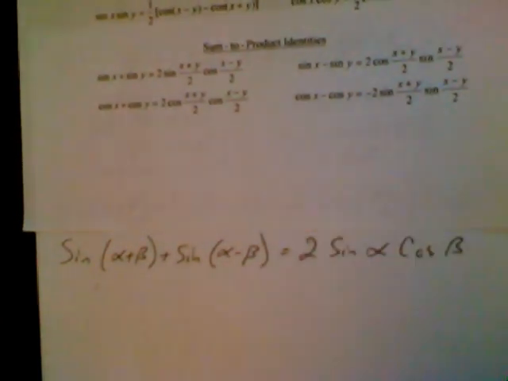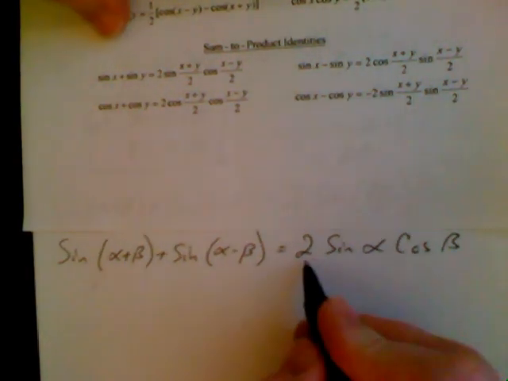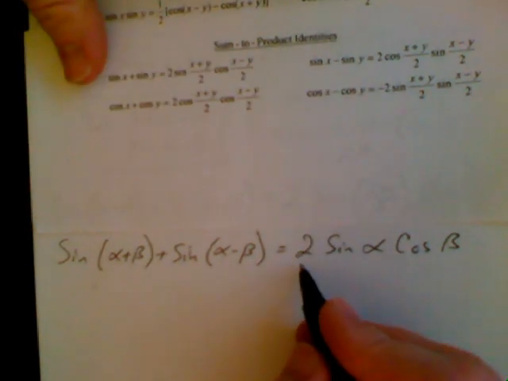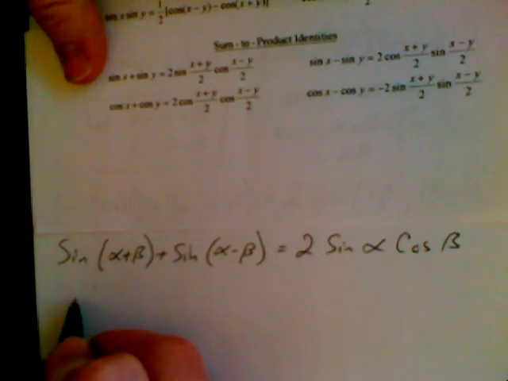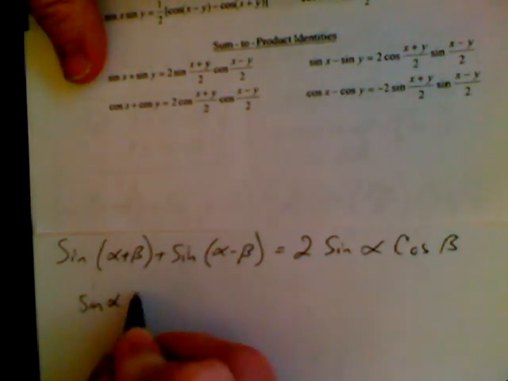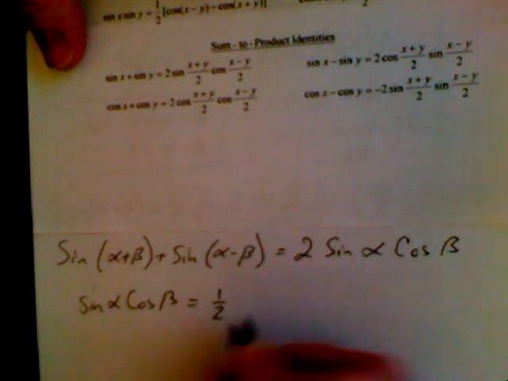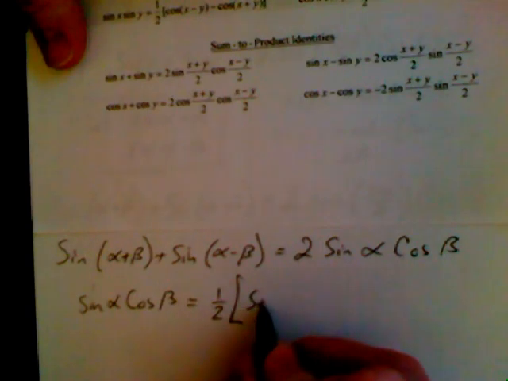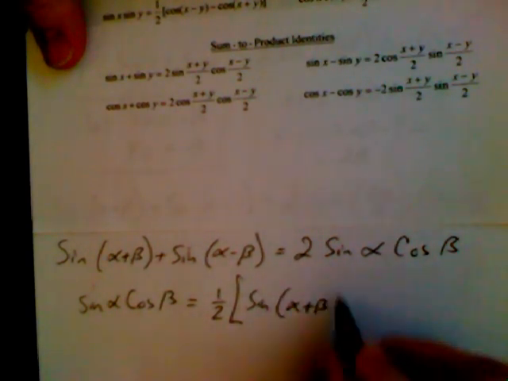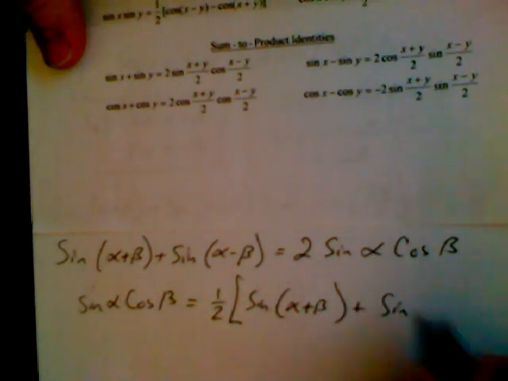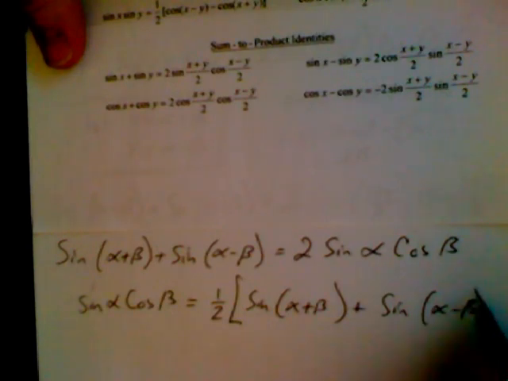If I replace my x's with alphas and my y's with betas, and then divide both sides by this 2, don't I get, and I'm going to write this side first, sine of alpha cosine of beta is equal to 1/2 times sine of alpha plus beta plus the sine of alpha minus beta.